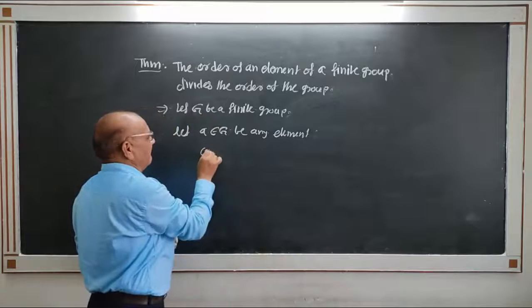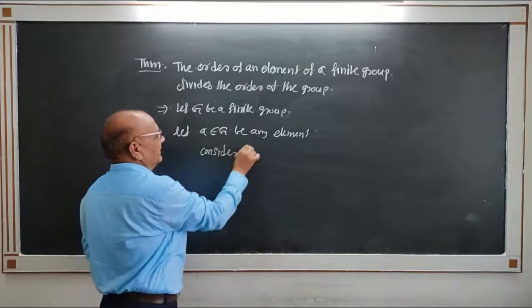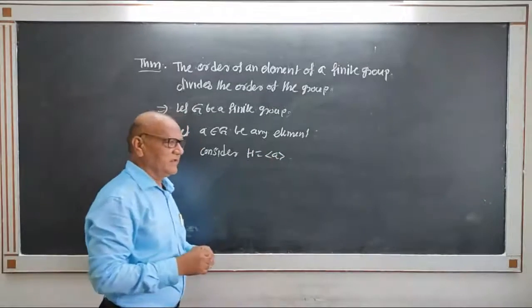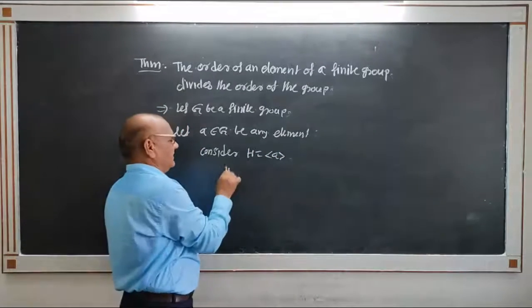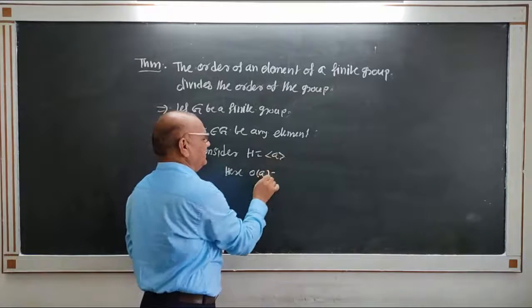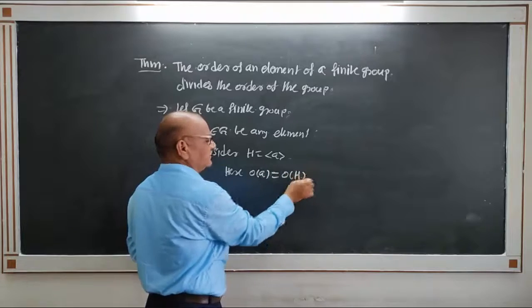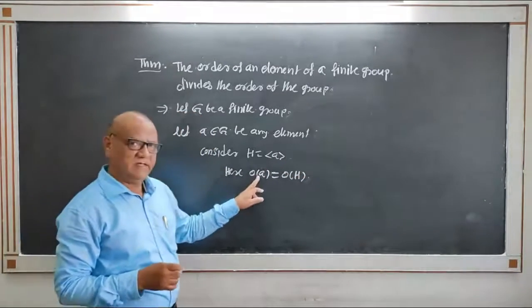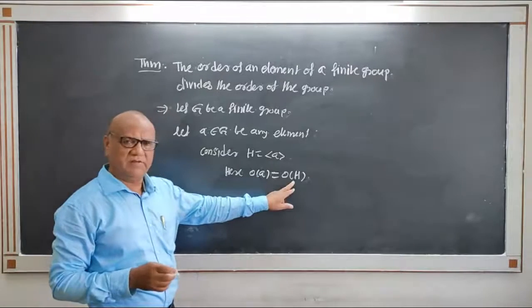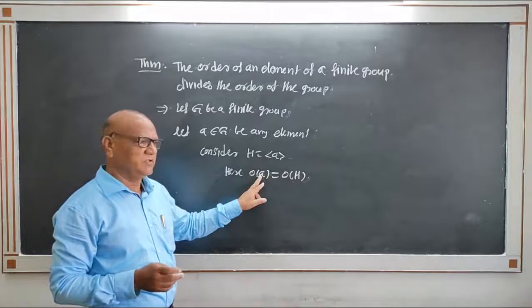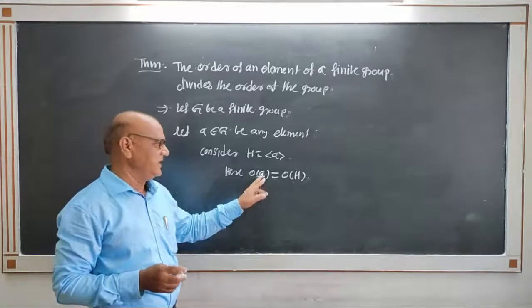Consider H, the subgroup generated by A. Here the order of H is equal to the order of A. The order of A means the least positive integer n such that A raised to n is equal to the identity.